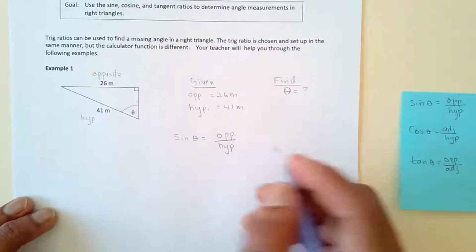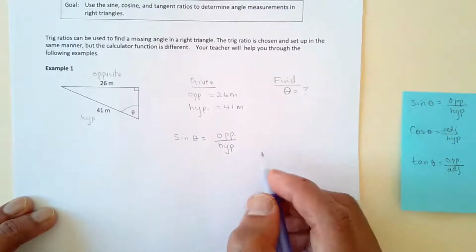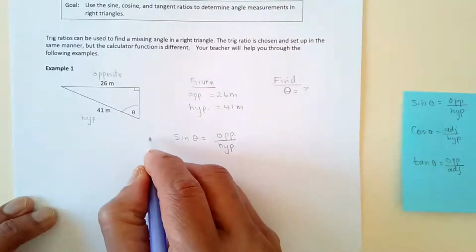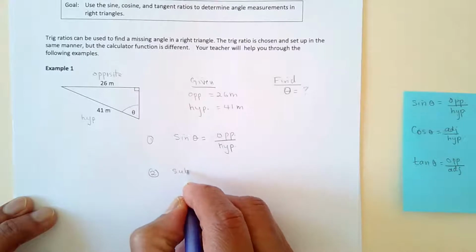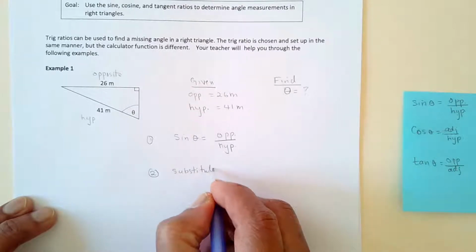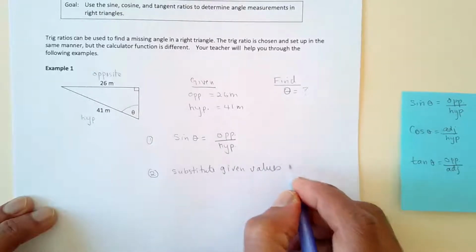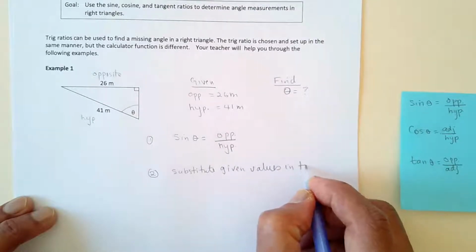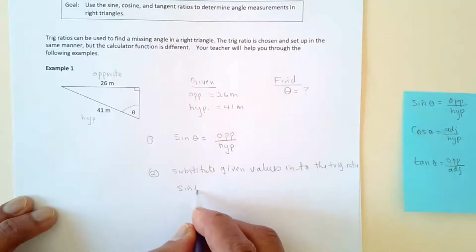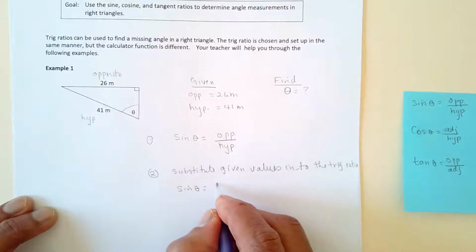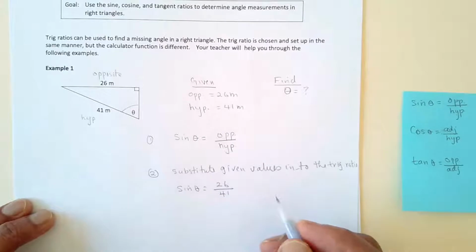Then I substitute what's given into my trig ratio. So step 1 done. Step 2, we substitute given values into the trig ratio. Sine theta is 26 over the hypotenuse, 41.